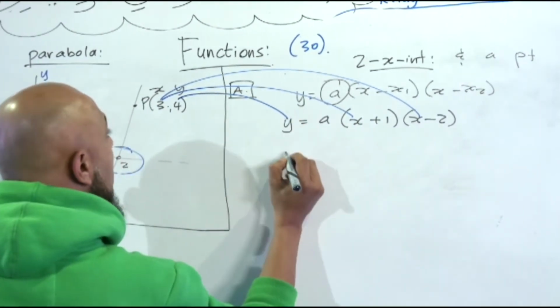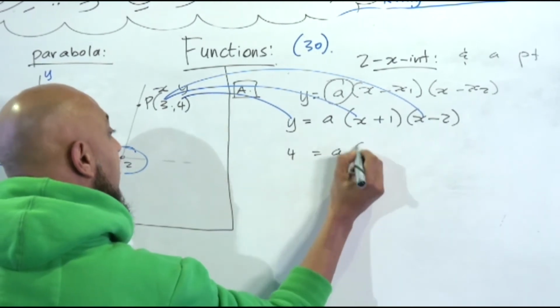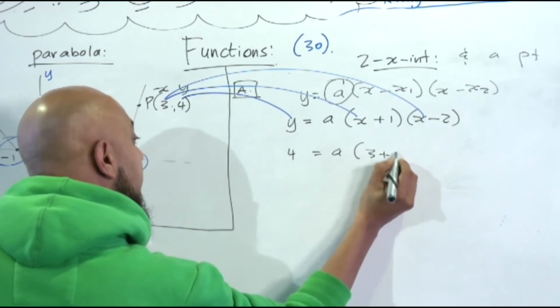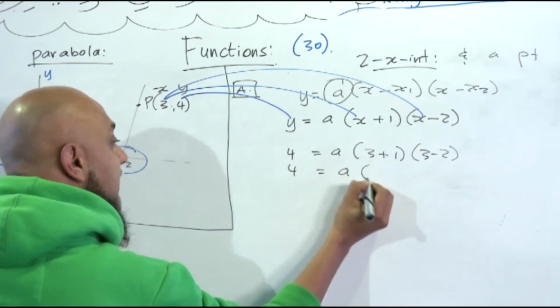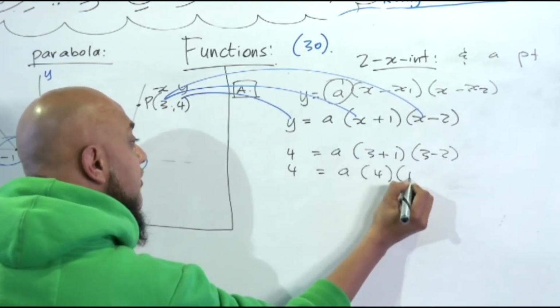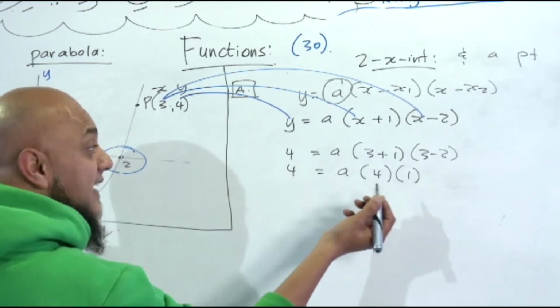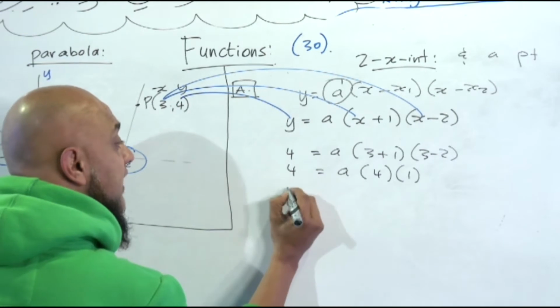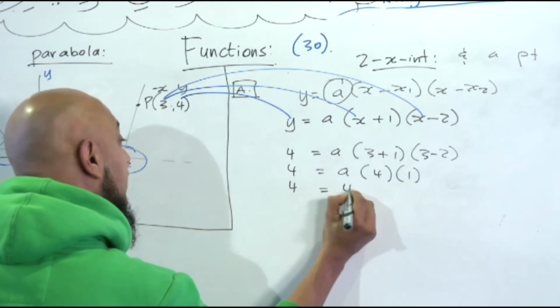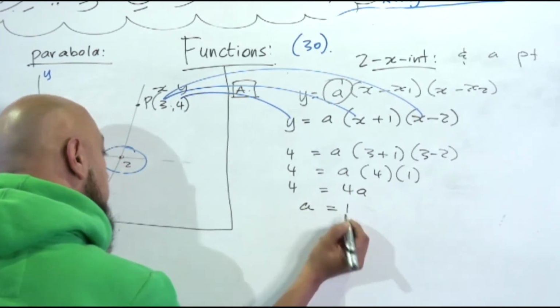So what's your y value here? 4 is equal to a into what's x? 3 plus 1 into 3 minus 2. 4 is equal to a into 3 plus 1 is 4, 3 minus 2 is 1. In this case, it's purely coincidental, guys, that 4 equals 4a, a equals 1.